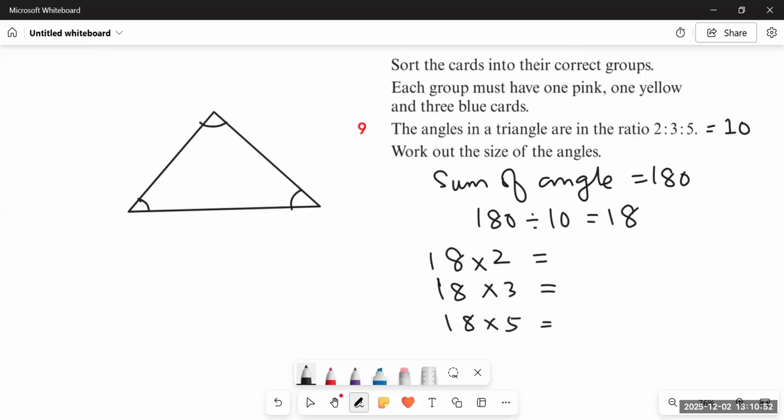So we will get 36. 18 multiplied by 3 is equal to 54, and 90. So one of the angles would be 36, one will be 54, and the third would be 90. Right, students? That's how it's supposed to be done.